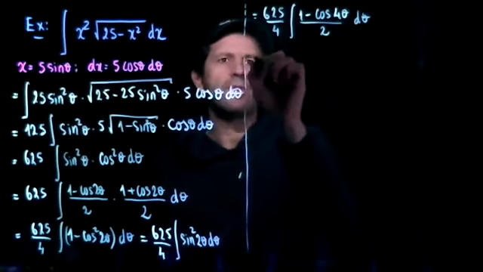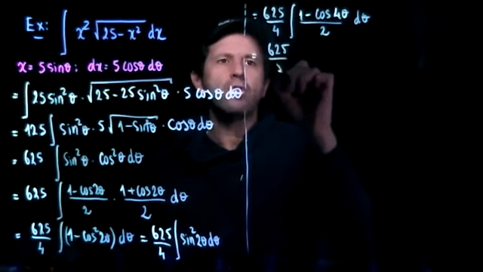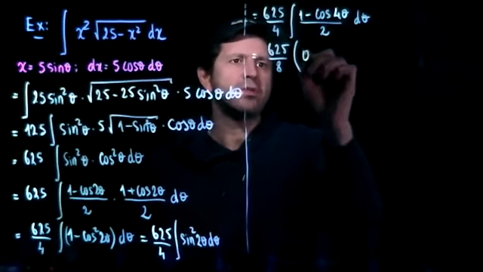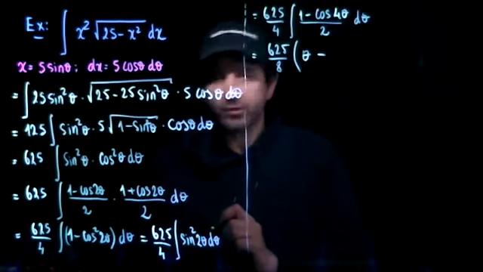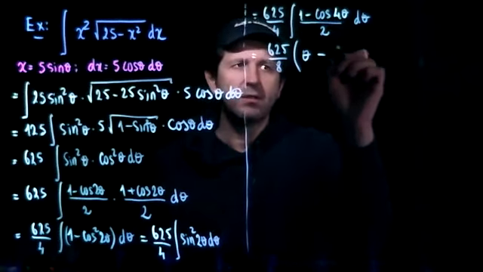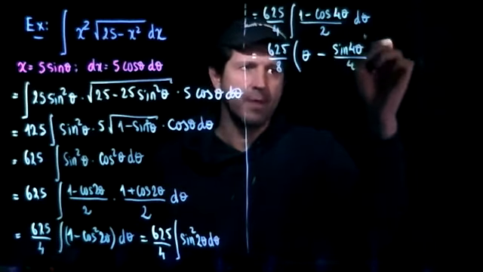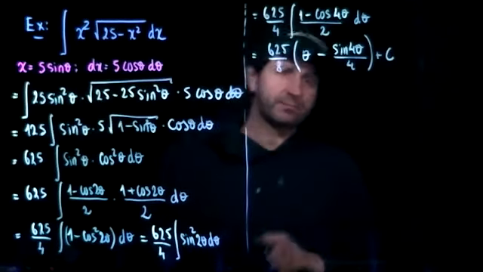I pull the 2 outside, so I have 625 over 8, and the integral of 1 is just theta minus the integral of cos 4 theta, which is what? You should know this by now. Sine 4 theta over what? Over 4. And that's it. My integral is done.